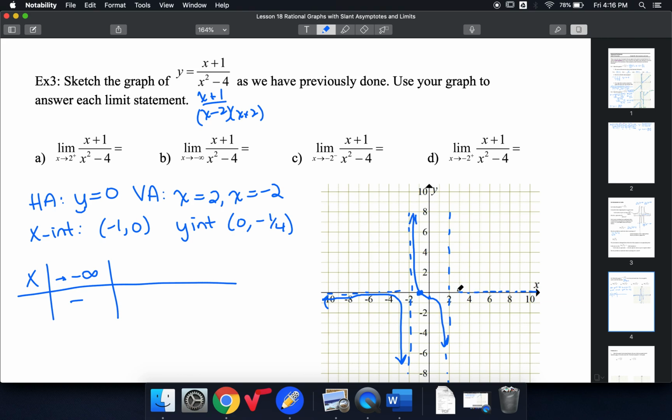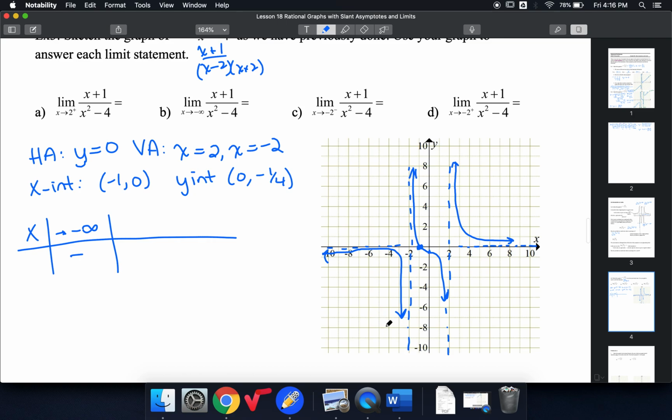On this side, I suspect I'm going to be all positive, positive, positive, positive, and that's true. So I know I don't cross the x-axis again because I had only one x-intercept. So once I know a positive value or a negative value, I know where I'm going to be.